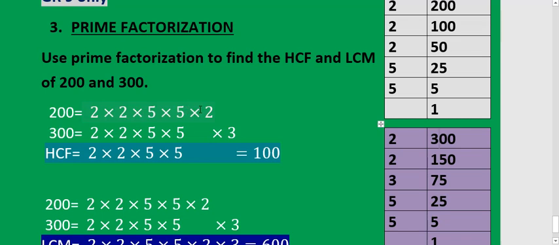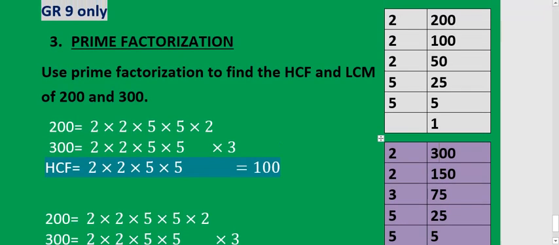The easiest way, what I've already done here is I've listed what they have in common first. So let's just look at what they have in common. As you can see, they have 2 in common. They have 2 in common.